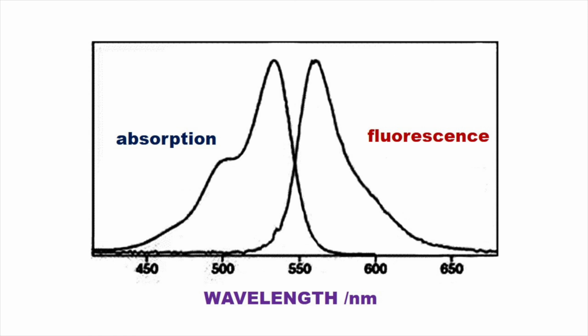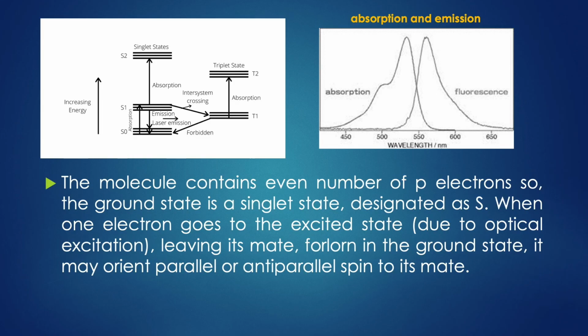Not only that, it has a triplet state also. The difference between the singlet state and the triplet state is in the spin. Since we have 2 electrons, in the singlet the spins are anti-parallel, half and minus half, so the total spin is 0, and that is why we get a singlet state.